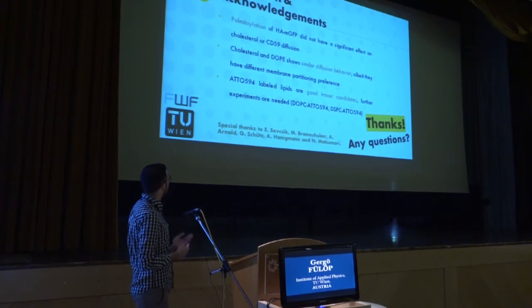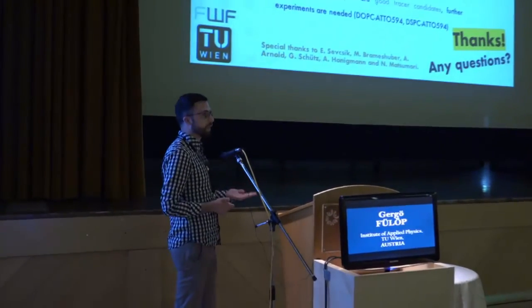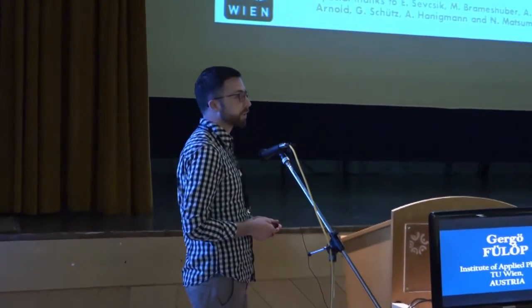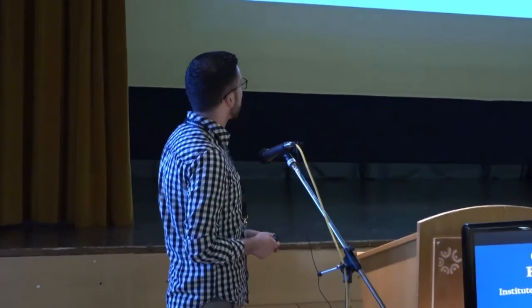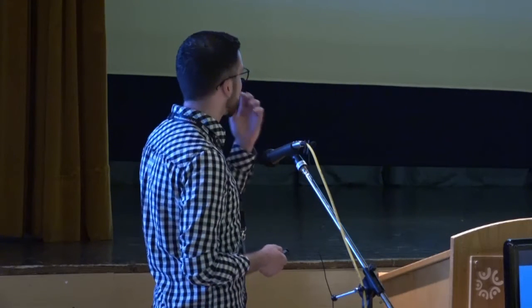And also, comparing cholesterol and DOPE, they show very similar diffusion behavior, albeit they have different membrane partitioning behavior. Also, in order to find out what's going on with sphingomyelin, we are planning to do more experiments with DOPC and DSPC, which should be more likely to partition into the liquid disordered phase.